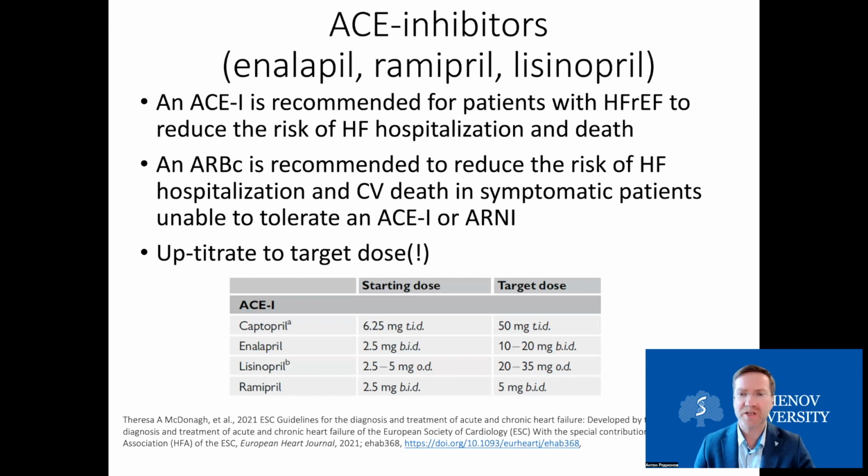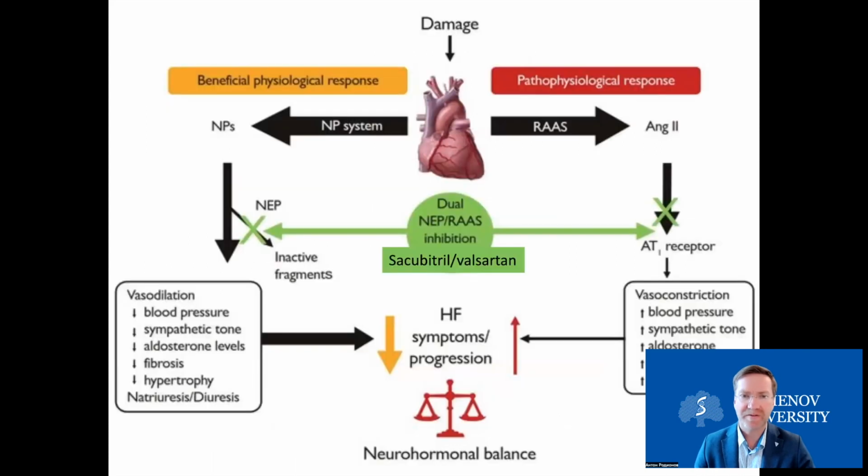If a patient is intolerant to ACE inhibitors, first of all we speak about dry cough, we can use ARB, angiotensin receptor blockers. That's a reserve group for patients with heart failure.